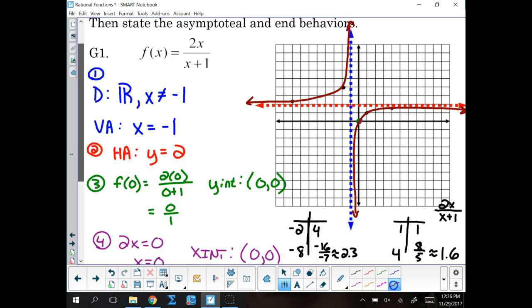Not only can you tell the end behavior, but you can also tell the asymptotal behavior just from the picture. This is saying over here that as x goes to negative infinity, our function is going to 2 from above.